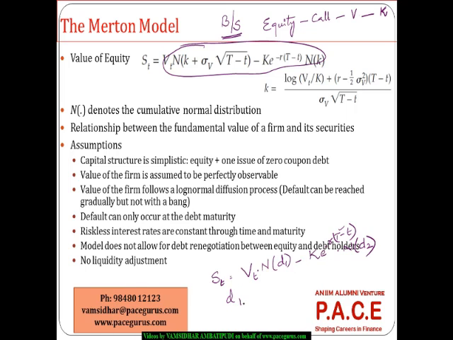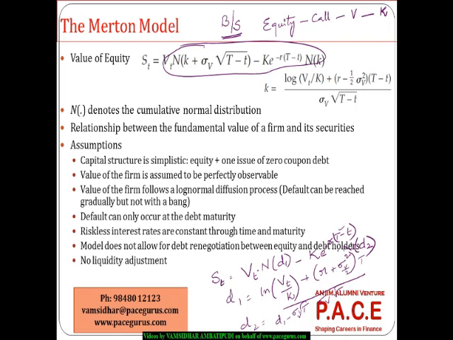And here my definition of d1 goes with log of S, which is Vt, by X, which is the strike price, I take it as K, plus R plus sigma squared by 2, times T, divided by sigma square root of T, and d2 becomes d1 minus sigma root T. Again, sigma is nothing but sigma V here.